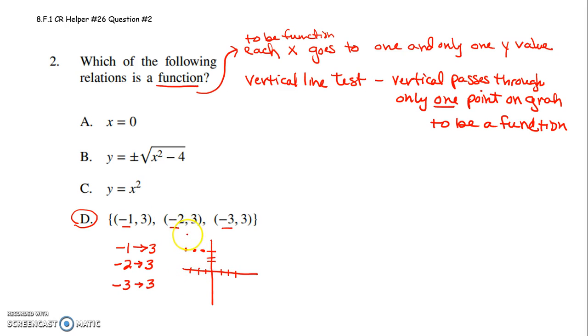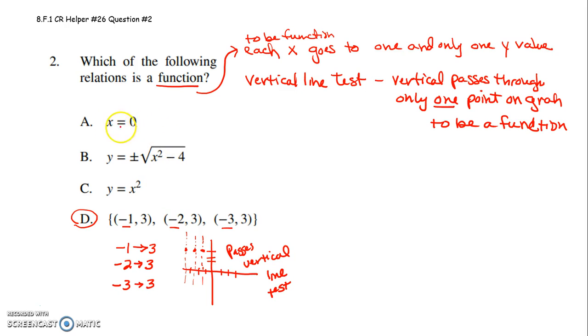If I draw vertical lines here, each only passes through 1 point, so it passes the vertical line test. Okay? Let's talk about why the other three are not functions.